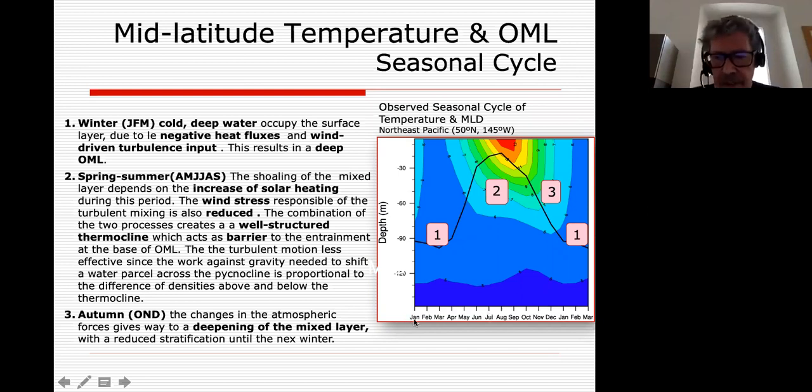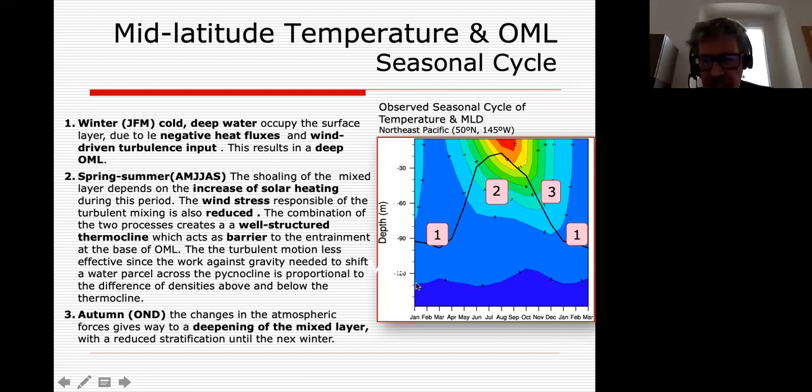We have the temperature, 15 months here, and depth. In black, you have the mixed layer depth calculated in terms of temperature, and in color, you have the temperature profile, the reddish the warmer, the bluish the colder.